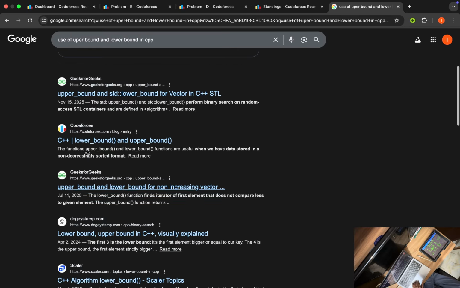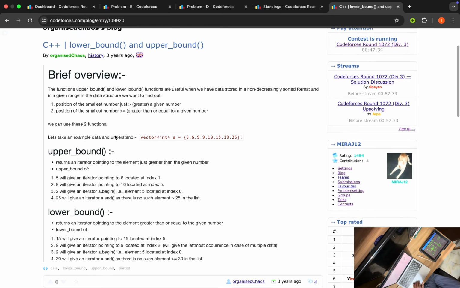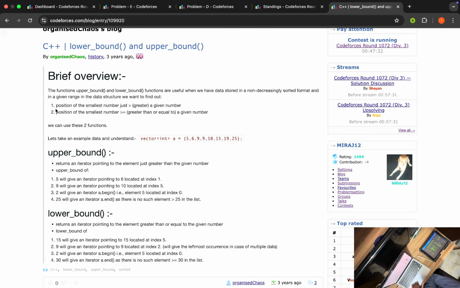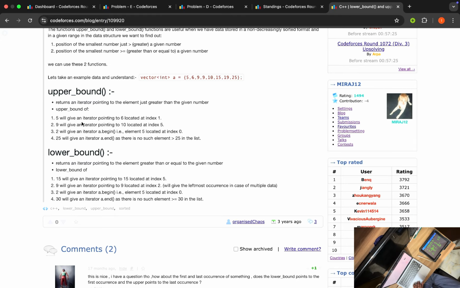Let's read the Codeforces blog. Upper bound returns the iterator to the element just greater than the given number. Okay, lower bound returns the iterator to the element greater than or equal to the given number.